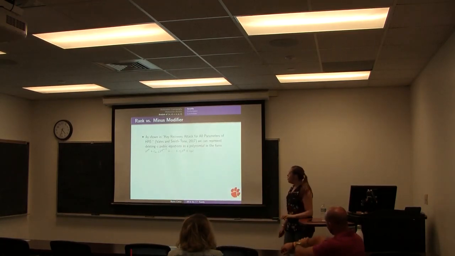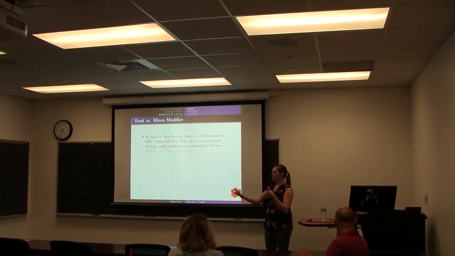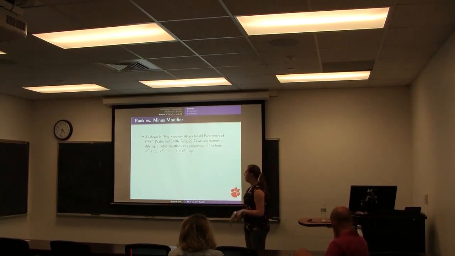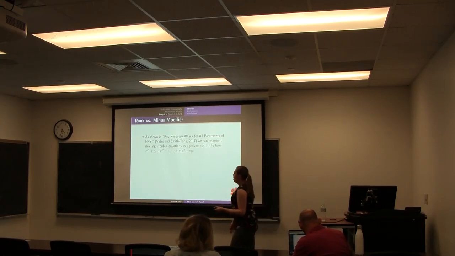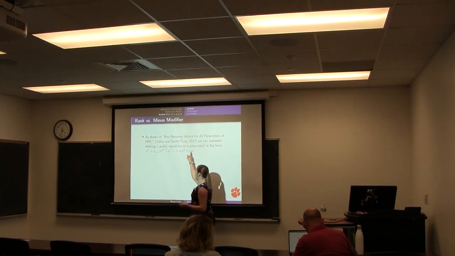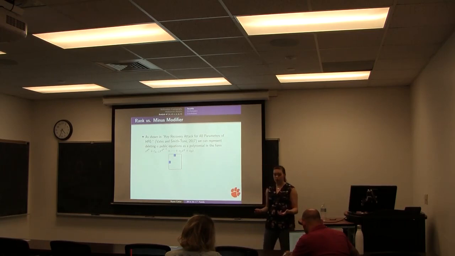As shown in the key recovery attack for all parameters of HFE minus, we can represent deleting A public equations as a polynomial, which is being composed with the central map, of degree q to the A. If I'm deleting one equation, I would have x to the q plus this, or if I'm deleting all A, I can represent it as x to the q to the A plus all of those other things.